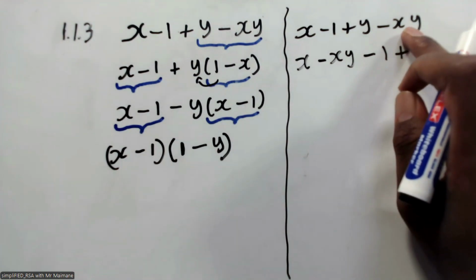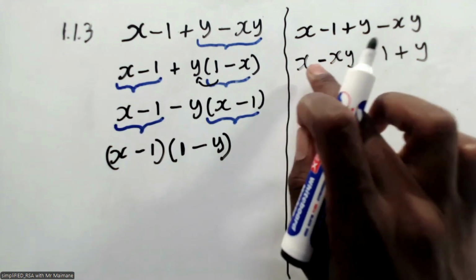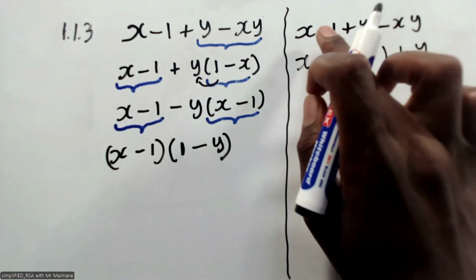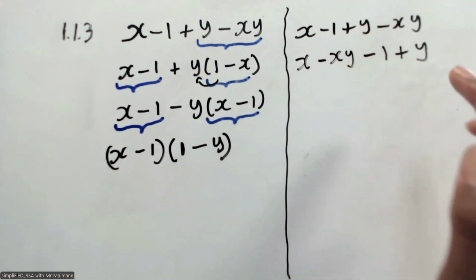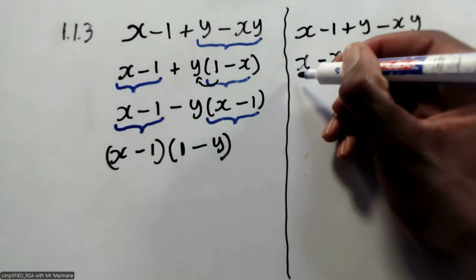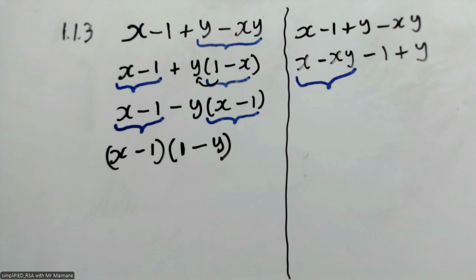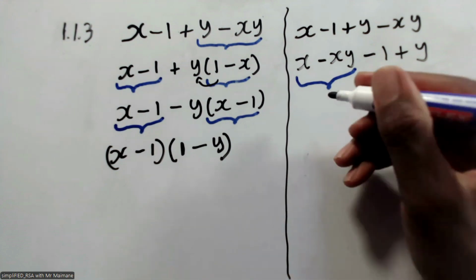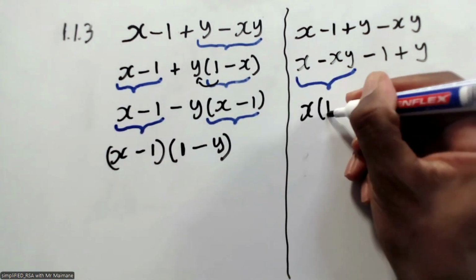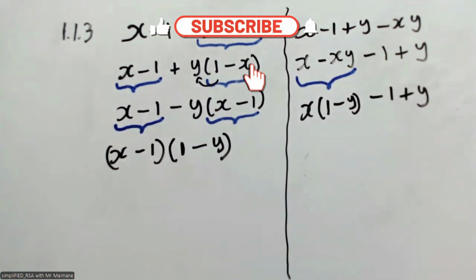So what I've done here, I just took this term and brought it closer to x because you can see it as a common factor. And then we have that minus 1 there and the plus y there. Again, you can see that we have a common factor of x in between here, such that if I take out the common factor of x there, I would be left with 1 minus y, minus 1 plus y.